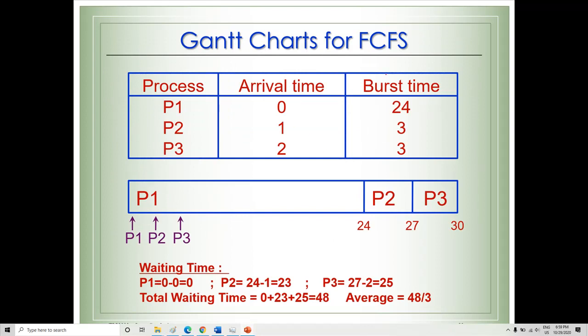Let's say these are the three processes in the ready queue, P1, P2 and P3. Which process arrived to the ready queue first? P1 arrived to the queue first, so it would be in the front of the queue. Which process came last? P3, so it would be at the end of the queue.